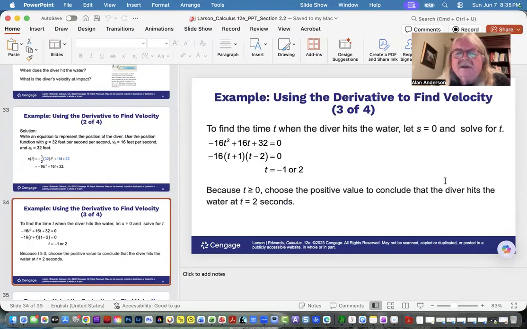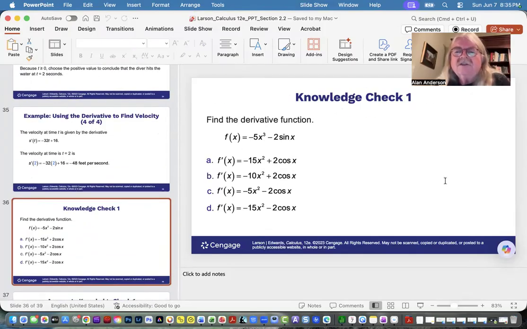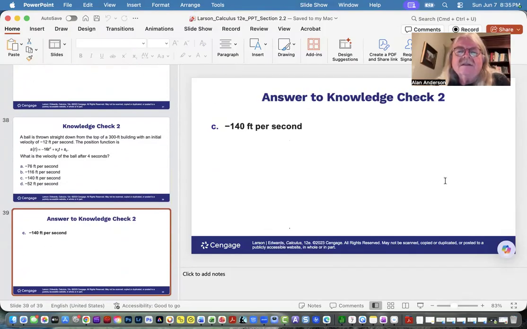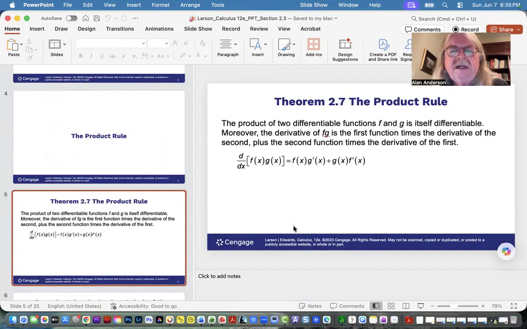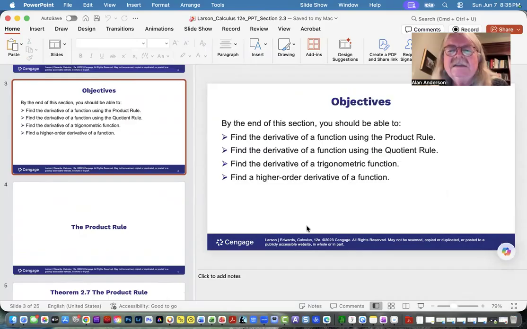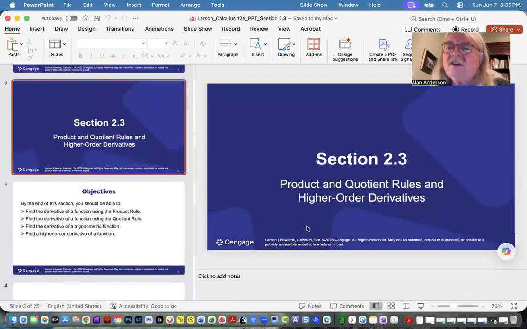So yeah, I think we can skip over some of this. Unless you're in love with physics applications, let's go on to 2.3 and learn some new rules.